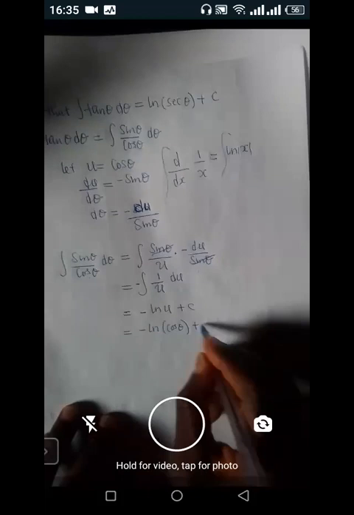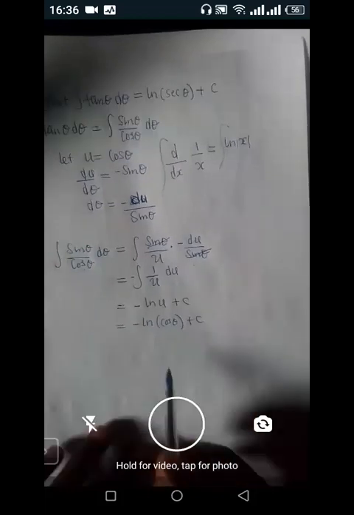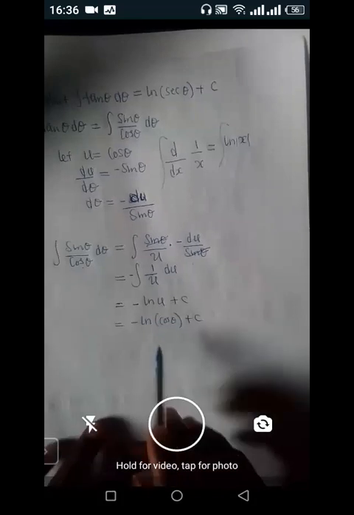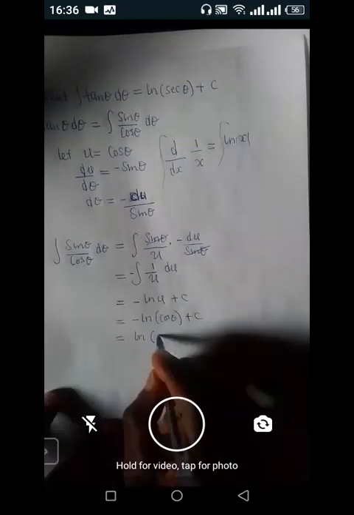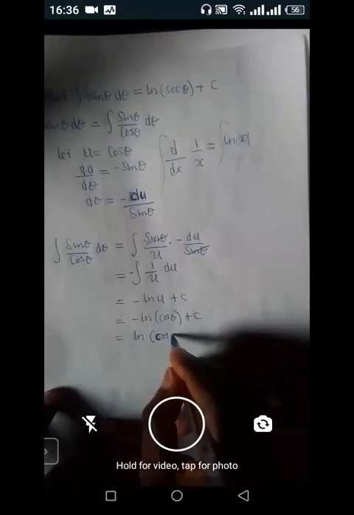We've done logarithmic functions. You know the properties of logarithms. So you have a negative one here, which can go there. So this is equal to ln of cos theta to the power negative 1, plus c.